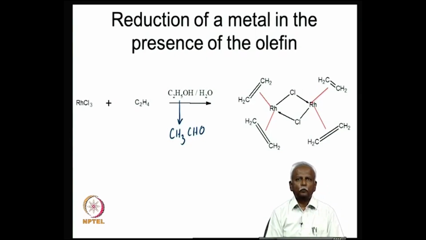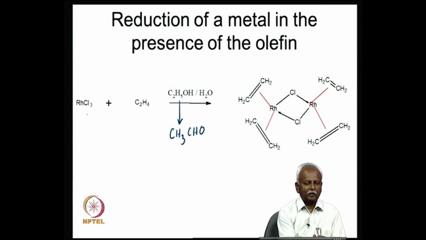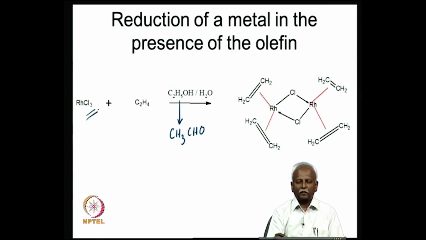In other words, 2 hydrogens have been removed from ethanol, and those are the reducing elements. They reduce the rhodium 3 chloride to rhodium 1. Here it is present in the rhodium 3 state, and here it is present in the rhodium 1 oxidation state, and you can see that because you have 2 rhodiums with 2 chlorines.